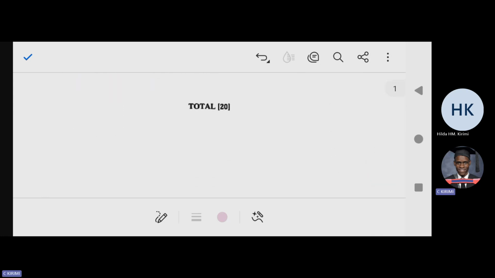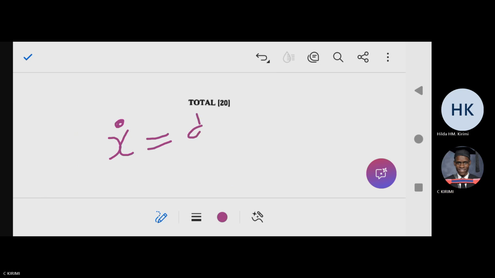That's why that x dot, whenever you are given x dot like that, you say it's equal to dx/dt, which is the same as differentiating the position with respect to time.